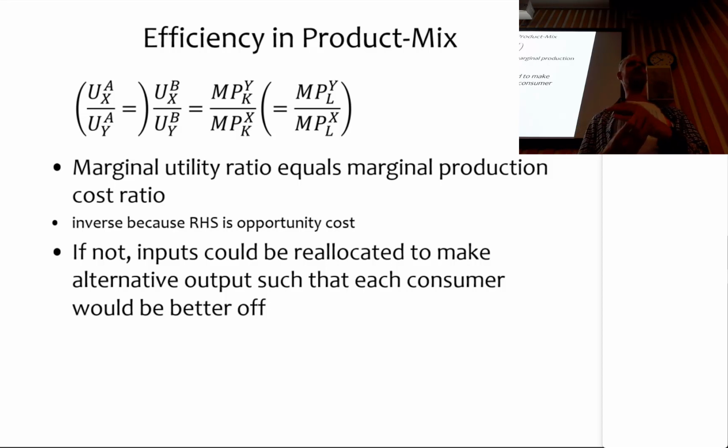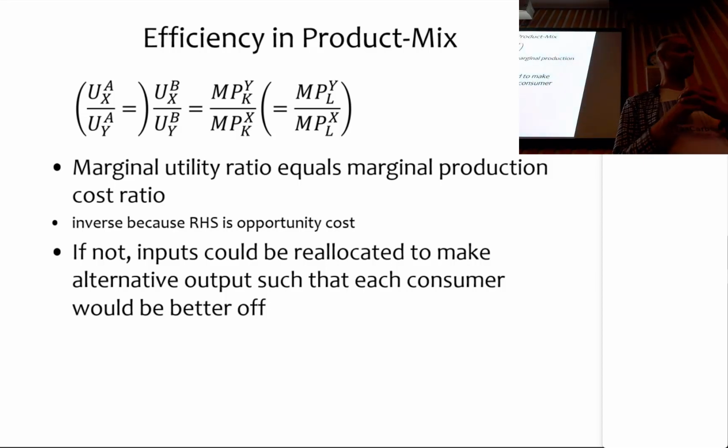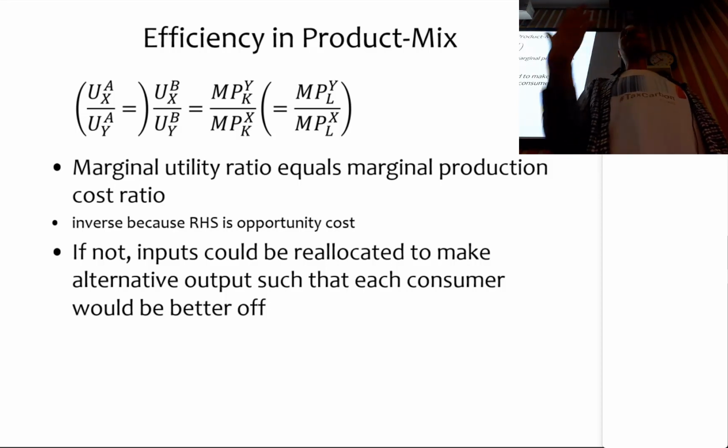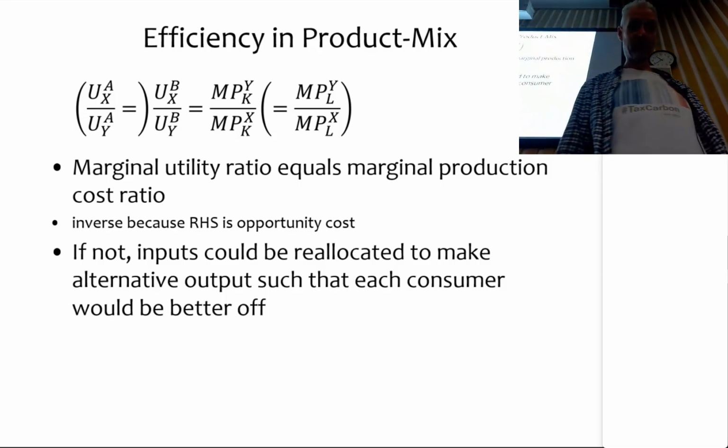Not so much that you produce more as a whole, that is product efficiency, but product mix efficiency, you bring the production side together with the consumption side. And that is essentially the complete definition of efficiency in a barter economy, right?